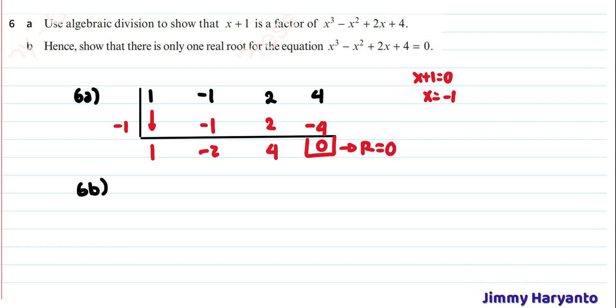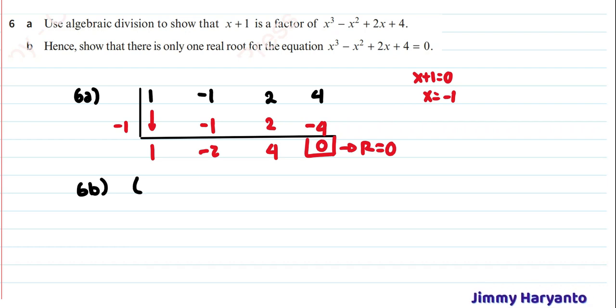Next is 6b. For 6b, show that there is only one root. Because the question wants you to solve from the root, and root means the value of x, that means you have to find the solution. And to find the solution of a polynomial, you have to factorize.